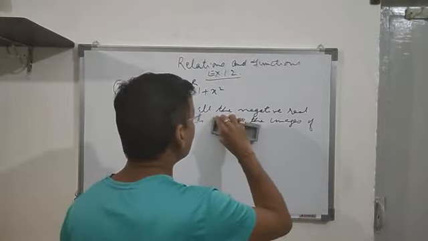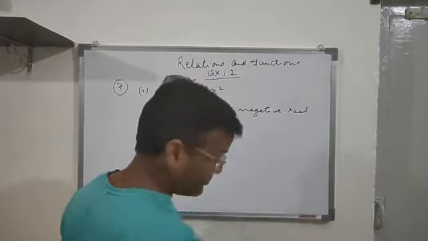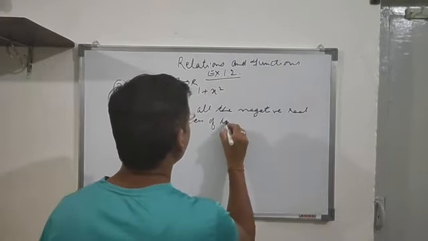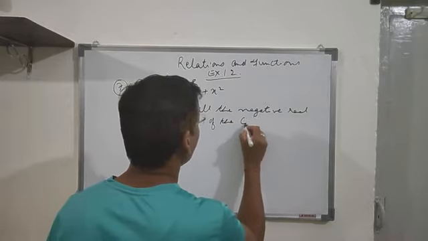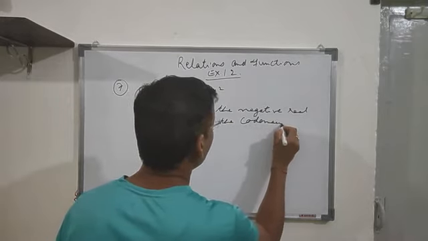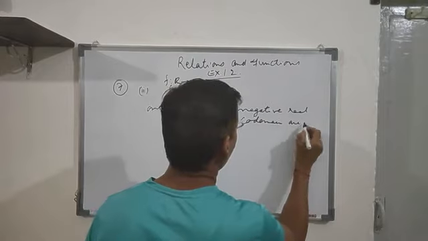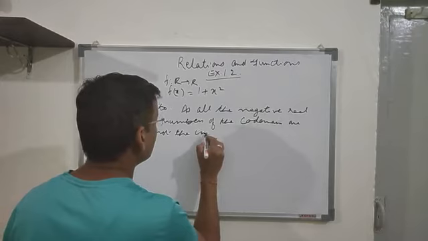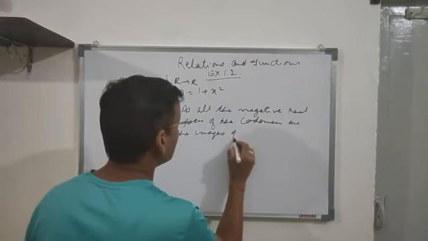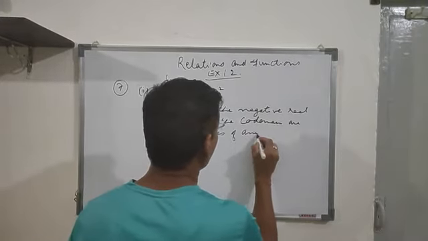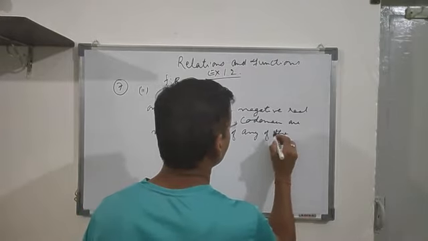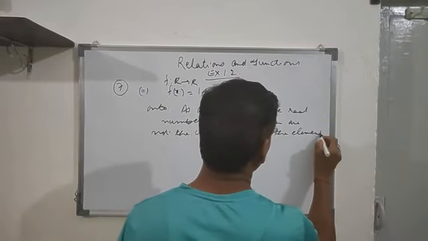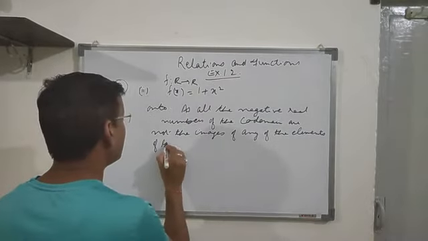Okay, let's mention that all the real numbers of the codomain are not the images of any of the elements of the domain.